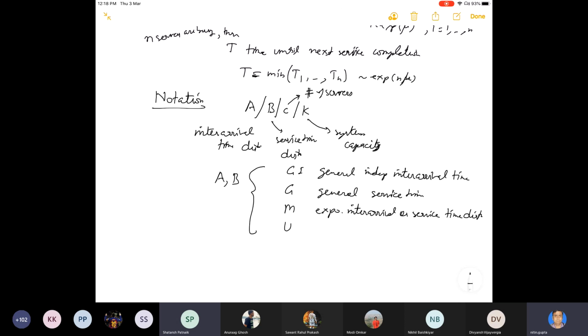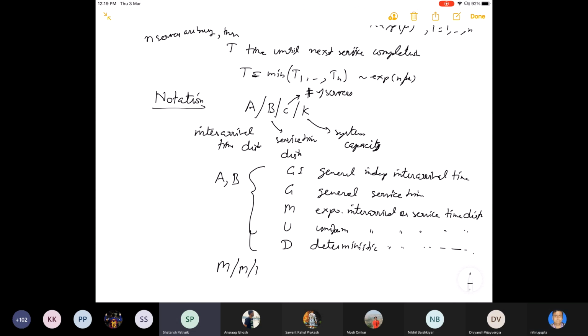U is the uniform inter-arrival or service time distribution. D is the deterministic inter-arrival or service time distribution. So, for example, if we write M/M/1, it means the inter-arrival times are exponential, and the second M denotes that the service time distribution is exponential. One denotes that one server is there and infinite capacity is there. So this is the notation.